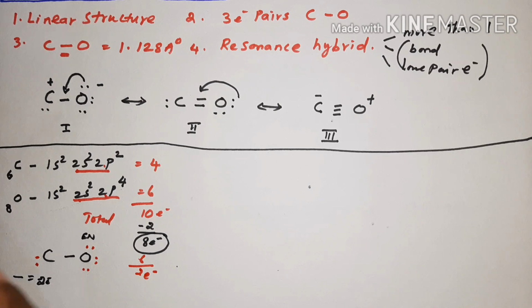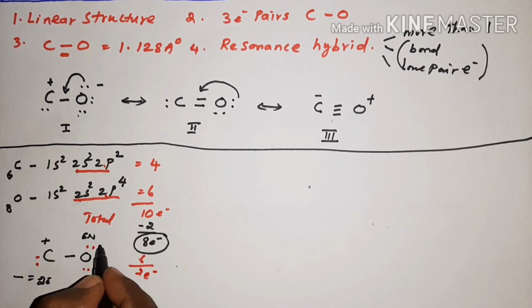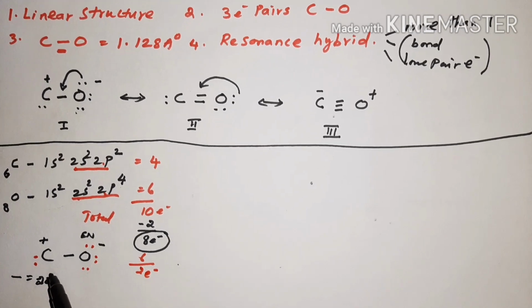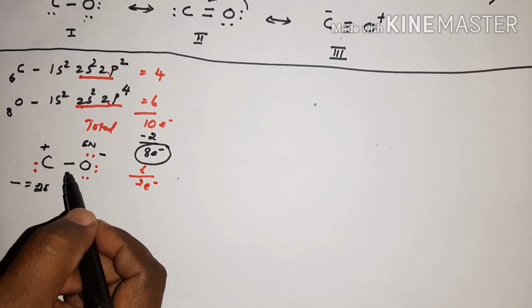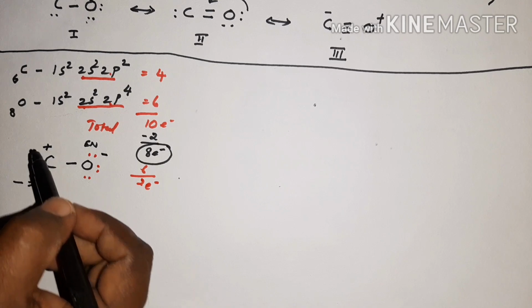Now see here, according to the first structure, this carbon contains a plus charge and this oxygen contains a 1 minus charge. Hope you understood how the electrons are distributed equally to carbon and oxygen. But the charge is the confusion: how does minus come here, how does plus come here?